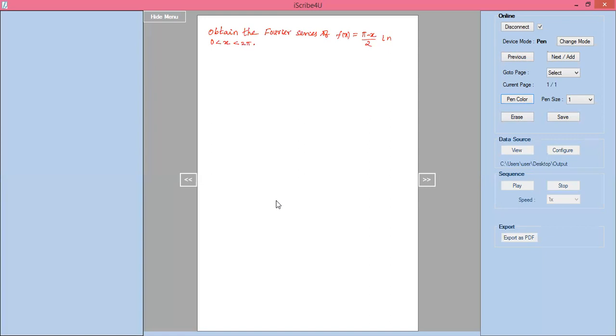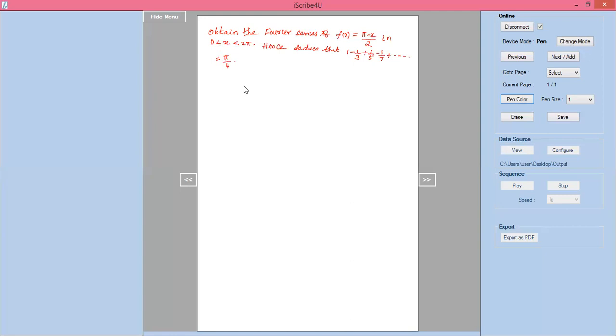Hence deduce that 1 minus 1 by 3 plus 1 by 5 minus 1 by 7 plus and so on equal to pi by 4. This is the given problem.